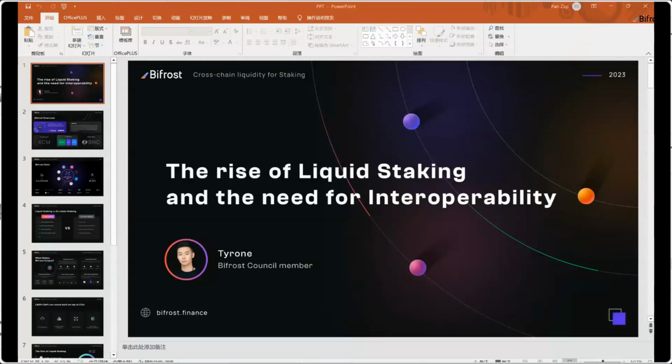We have LSDs including Ethereum, Polkadot, Kusama, Filecoin, Moonbeam, Moonriver, and Bifrost itself, and we are planning to add more parachain liquid staking, for example Astar and Phala, this year. So that's what we can expect.